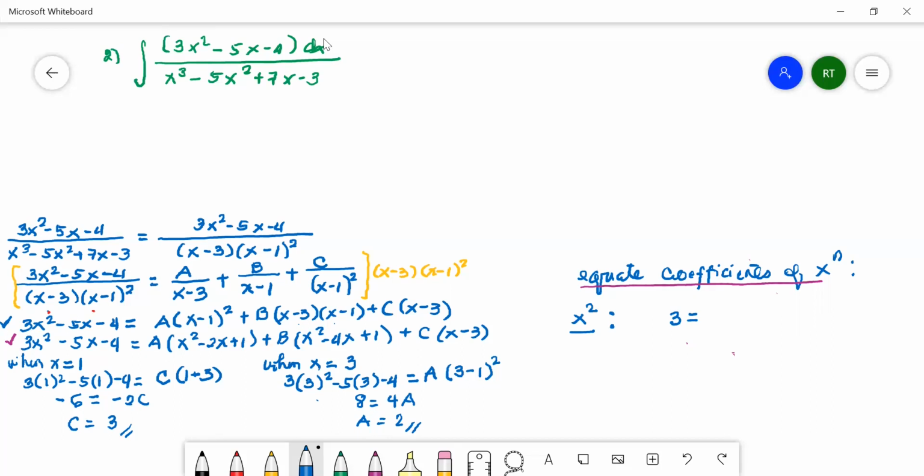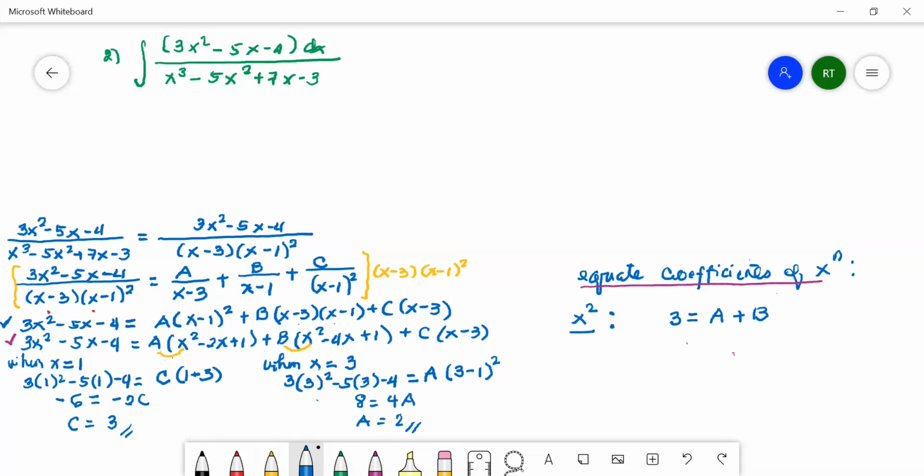If we distribute a, we have a times x squared, a second degree term, and the numerical coefficient is a. Multiplying b by x squared gives us bx squared, so the numerical coefficient is b. So we have a plus b as the numerical coefficient of x squared on the right member. So we have 3 is equal to a plus b.